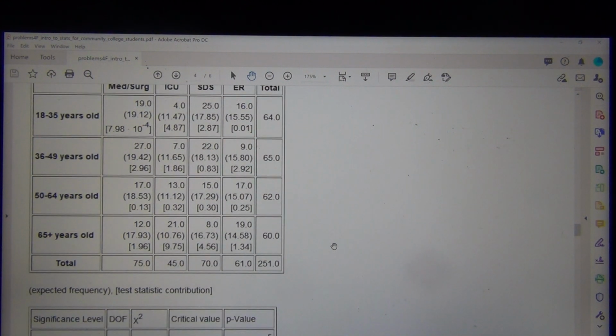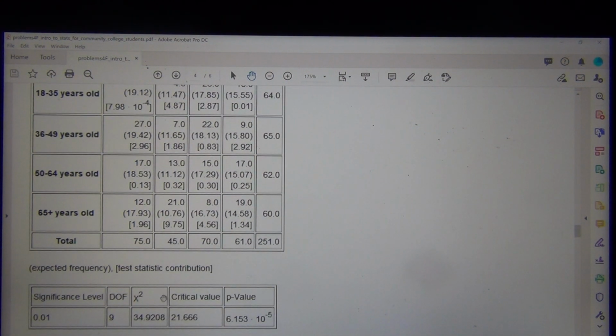Let's take a look at our numbers. This chi-square right here, that's the test statistic. We have our degrees of freedom as 9. Critical value is 21.666. Our chi-squared test statistic was 34.9. And we have a very small p-value. Now, if you remember, this is called scientific notation. Usually that's a good sign in a hypothesis test if your p-value comes out in scientific notation.